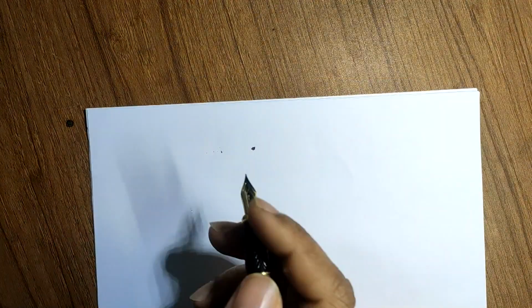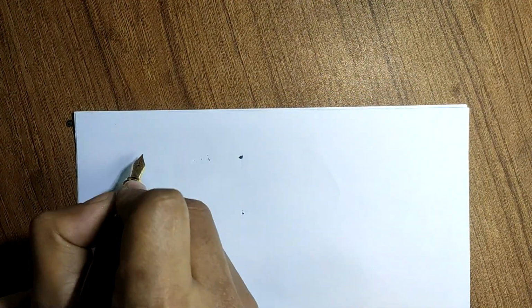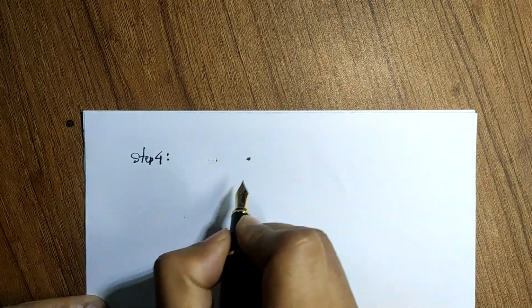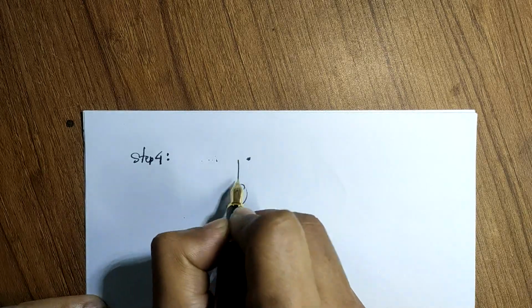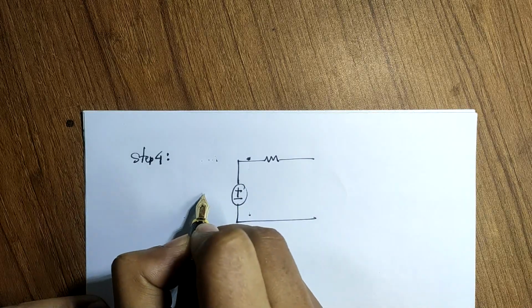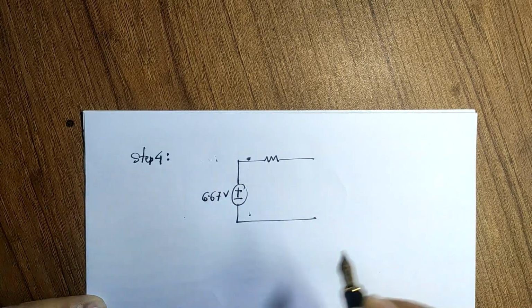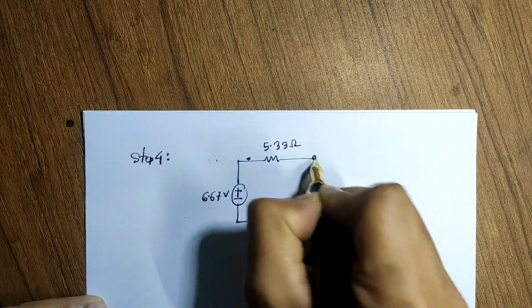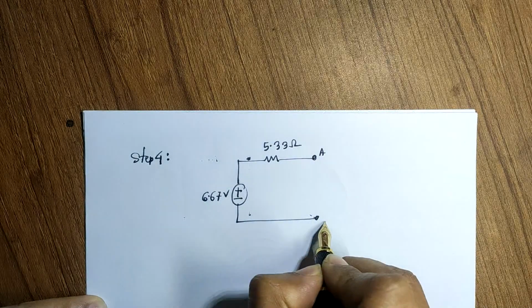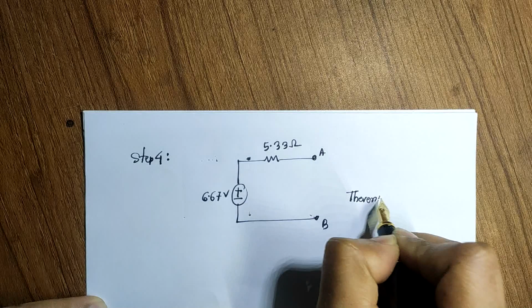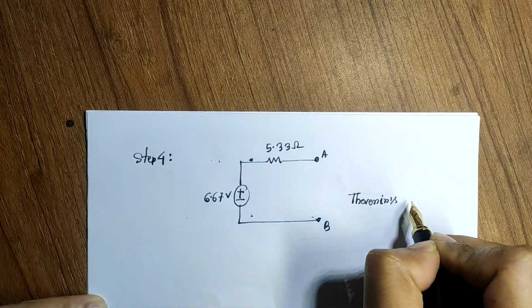And this is the last step, step number 4. In this step, you will just draw a voltage source, draw a resistance, and put the obtained values of VTH and RTH, and naming the terminals A and B, that is our Thevenin's equivalent circuit.